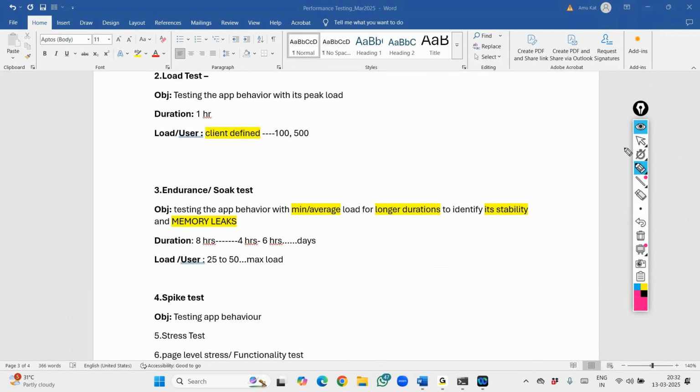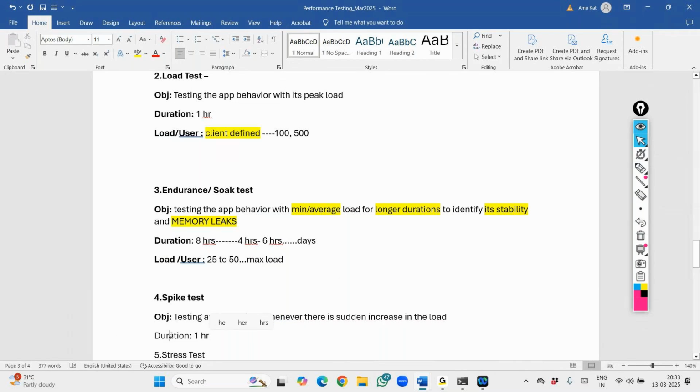So we can define it as testing the application behavior whenever there is a sudden increase in the load. And the duration is also 1 hour.